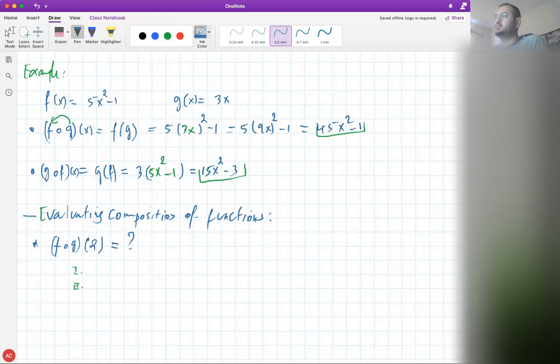It's not like f of 2 multiplied by g of 2. This is a composition. So you've got to find this first. Start by evaluating the function closest to the value. So we're going to find g of 2. Okay, let's find this first, and we're going to see what to do with the value. So again, how do we find g of 2?